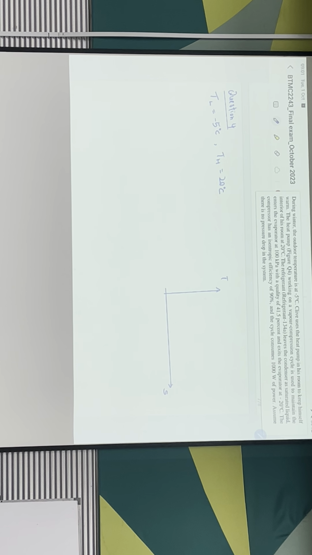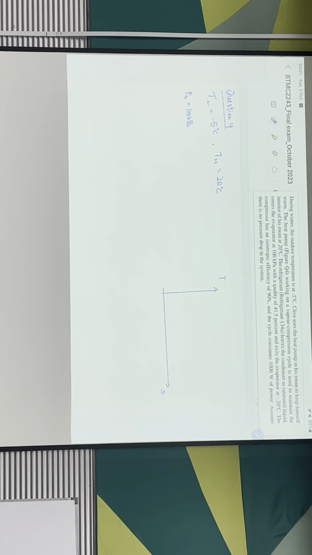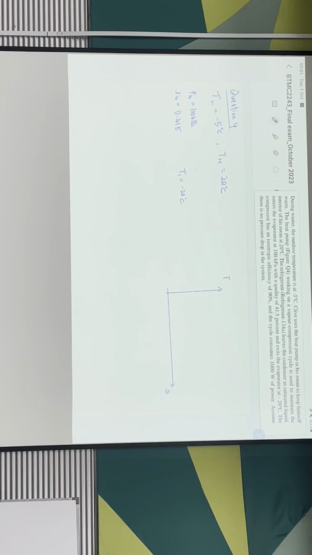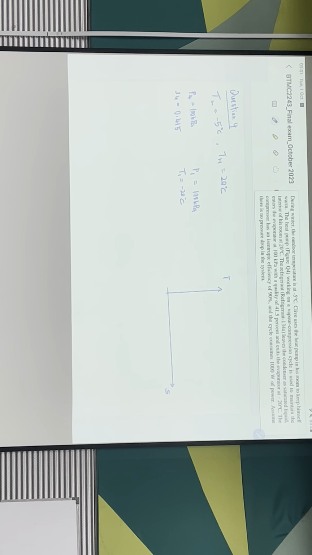It enters the evaporator at 100 kilopascal, so the entrance of the evaporator is state 4. X4 is 41.5%, or just write 0.415. And it exits the evaporator at -20 degrees Celsius, which means that T1 is -20 degrees Celsius. That is the exit of the evaporator. We assume no pressure drop, which means P1 is 100 kilopascal as well, because P1 equals P4.